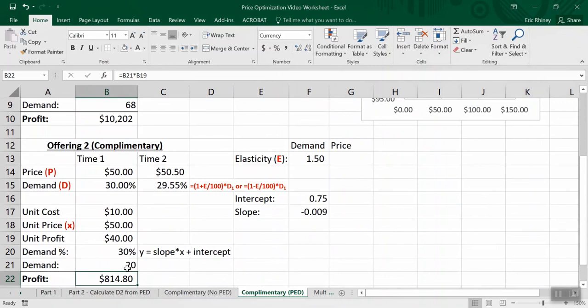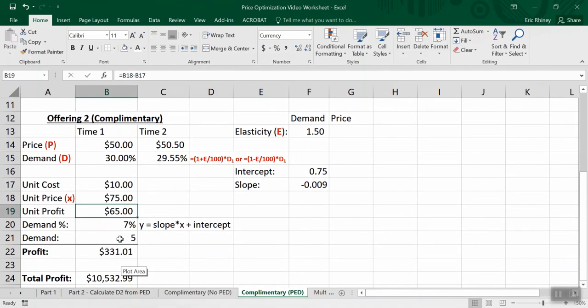And right now it's still $20 because we have 30 in there. All right, but if we were to change this to $75, we can see now that our demand changes to 7% and our derived demand is 5 customers.